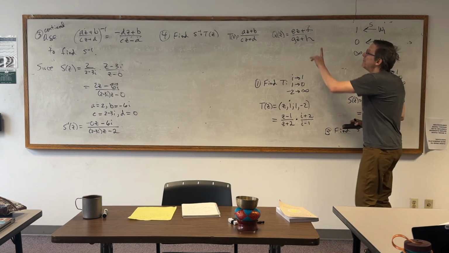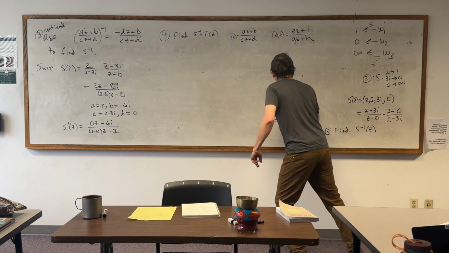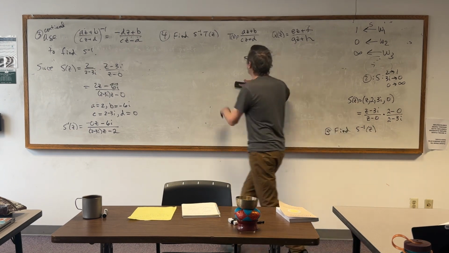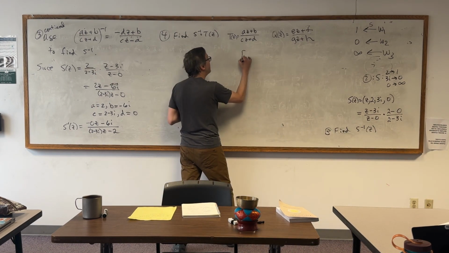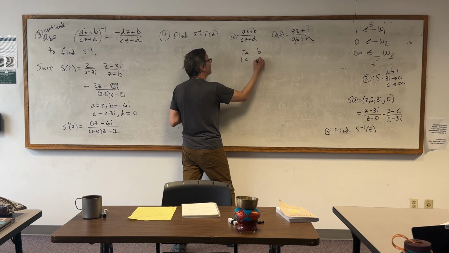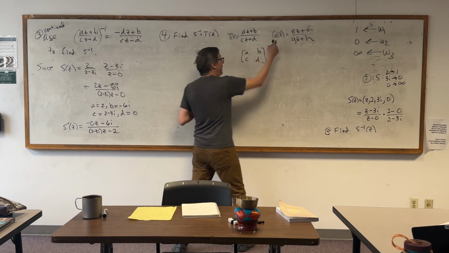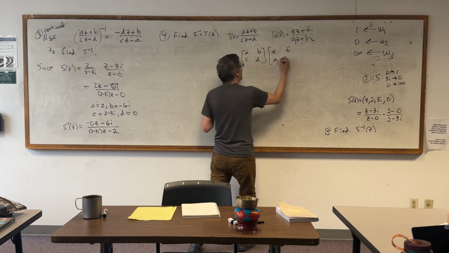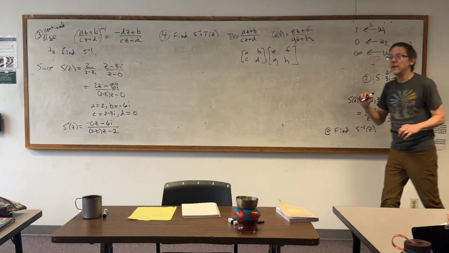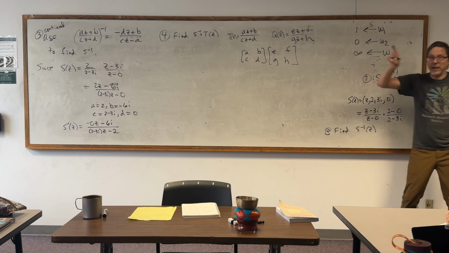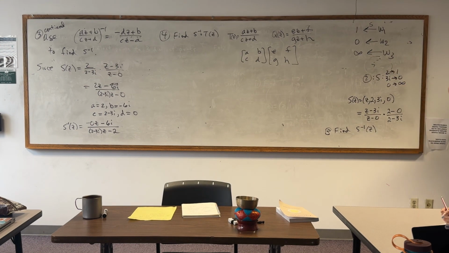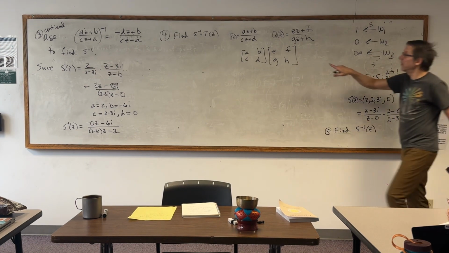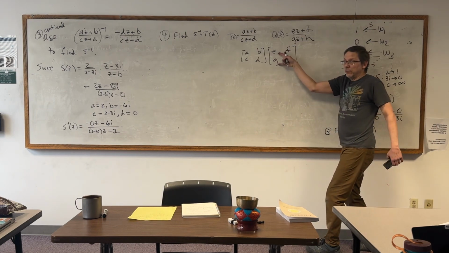I can think of them as matrices. This is really cool, and it works just beautifully. Turn this into a matrix, and this into a matrix, just without the z's. Multiply those matrices together using standard matrix multiplication, row dotted with column.